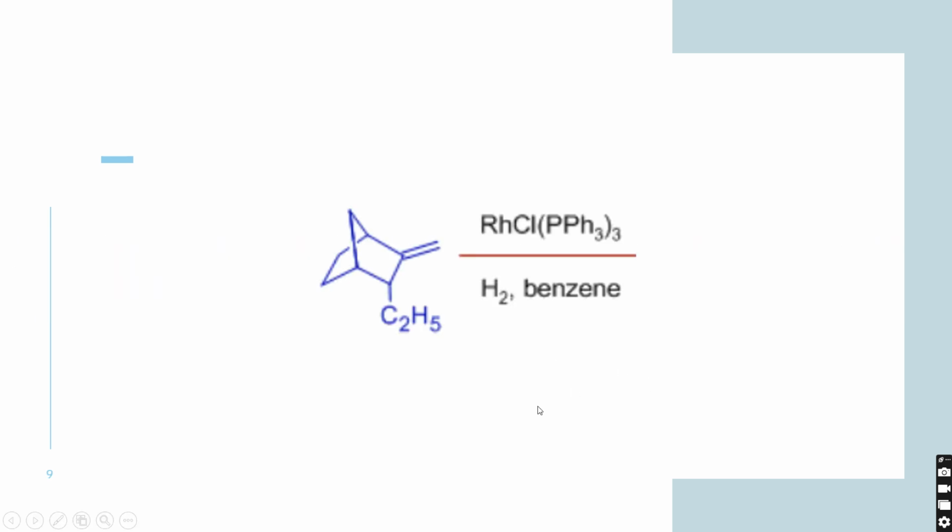Again, this is one more question from the same topic, which is Wilkinson catalyst, and here you have this bridged compound, and you have a double bond which is exo. You have to reduce it with Wilkinson catalyst, one equivalent.